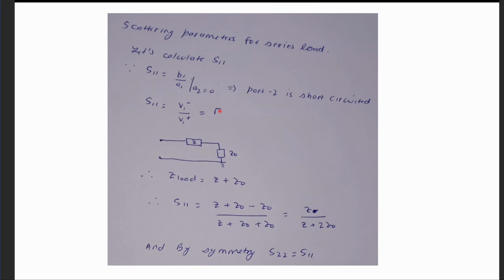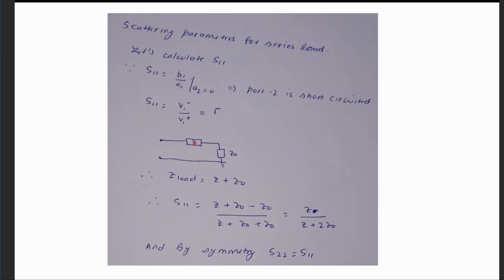And now you are saying that your port 2 has a characteristic impedance of Z0. So basically you have this first port, and then you have some series impedance Z, and then your port 2, with A2 being 0. Therefore, in order to calculate the reflection coefficient, you just need to calculate the effective load again.